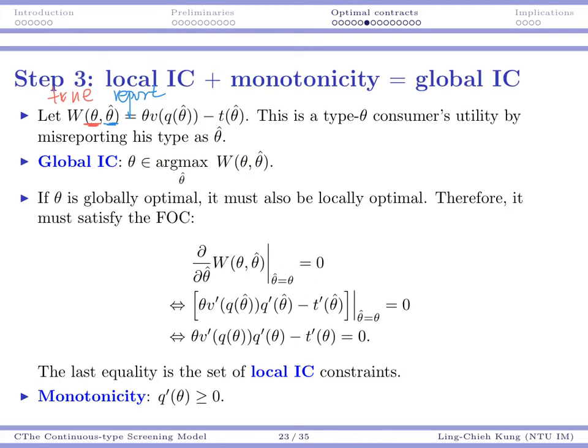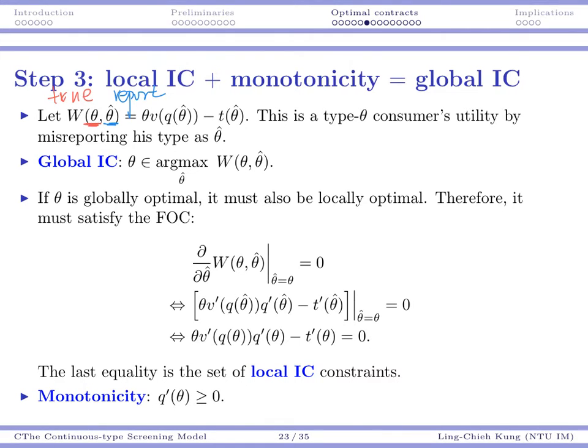If theta is optimal, then when I plug in theta to the first order derivative, I need to get 0. So W is like this. When you differentiate W with respect to theta hat, for the first term you need to use the chain rule because this is V of Q of theta hat.